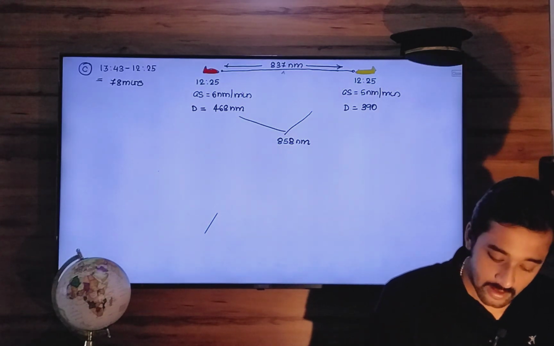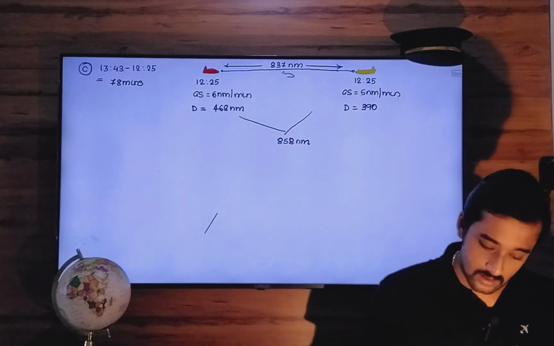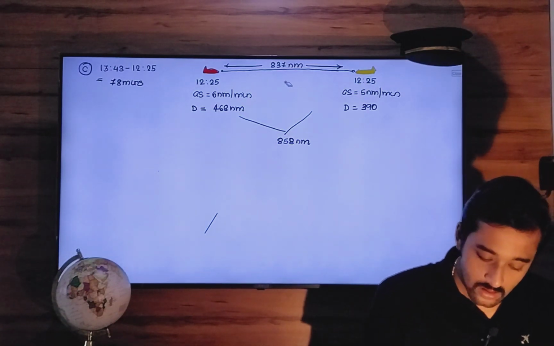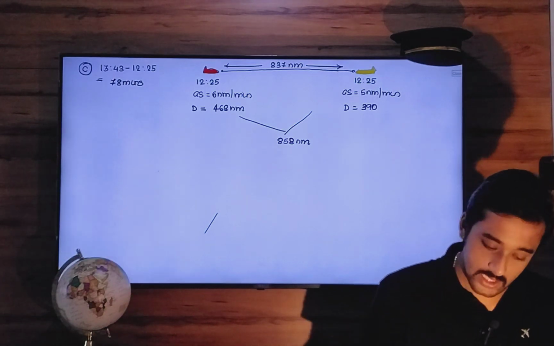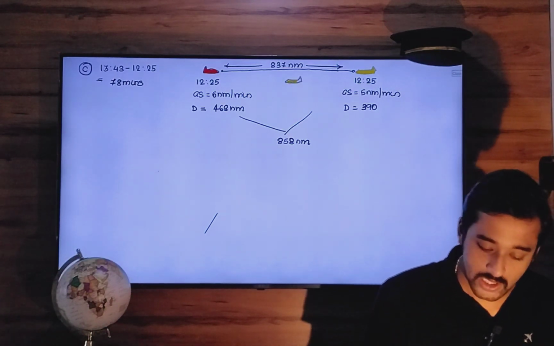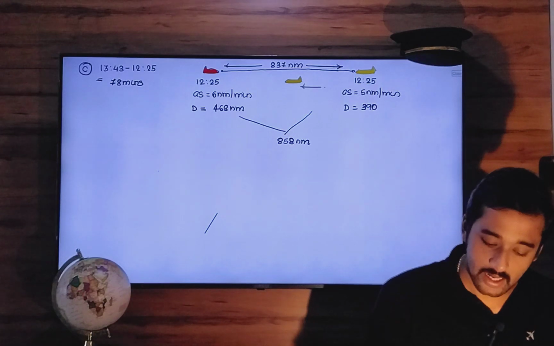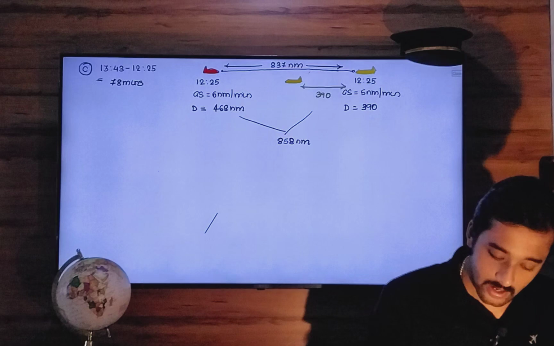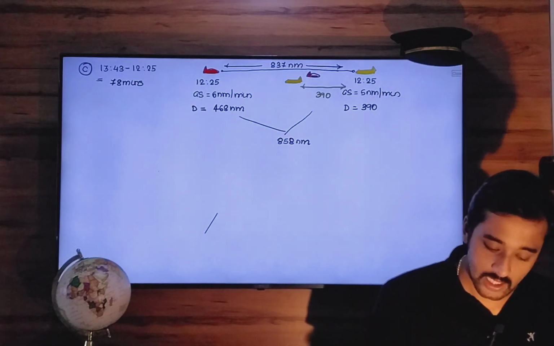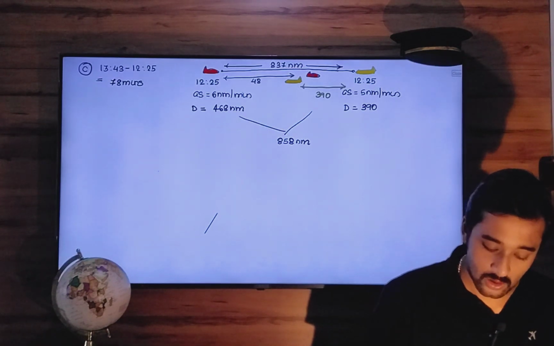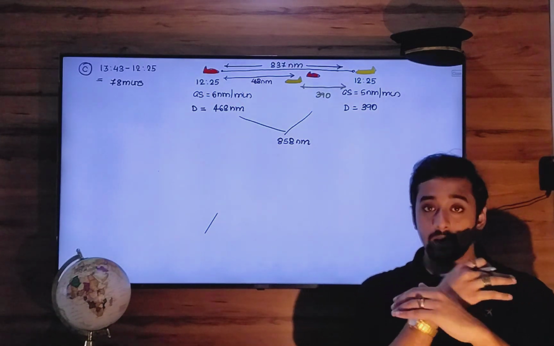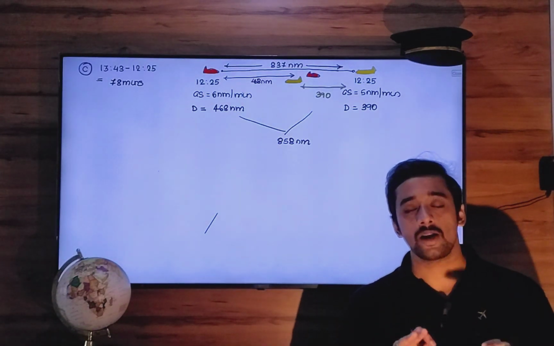The second aircraft will be somewhere here after crossing a distance of 390 nautical miles, and the first aircraft will be somewhere here after crossing a distance of 468 nautical miles. So both aircraft will be very well past each other. Not passing each other, but already well past each other.